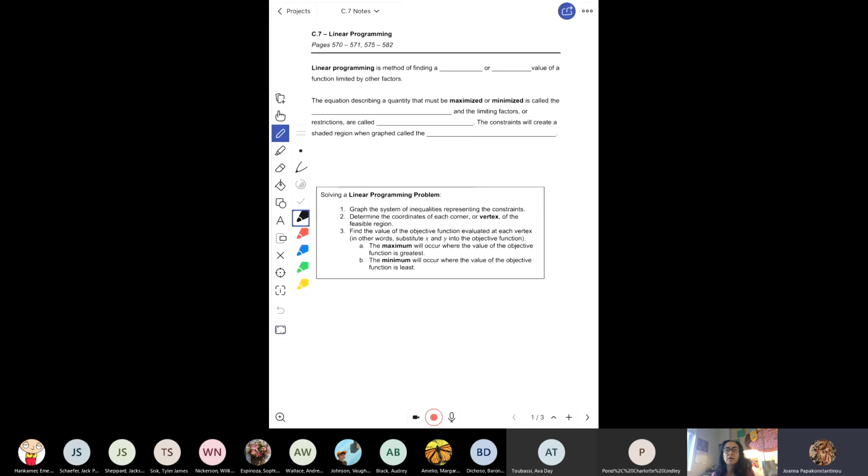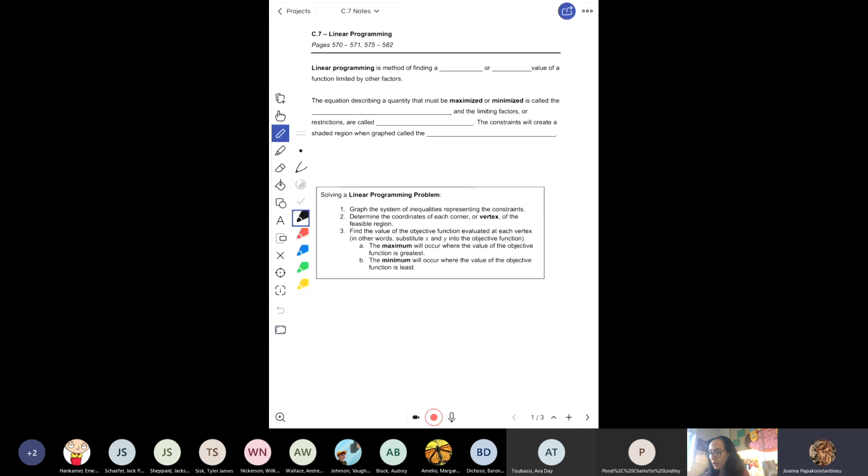Linear programming. All right, linear programming is very popular when you're working in industry. All industries collect some sort of data, and they have a pain point where they're trying to maximize profit or minimize costs or do some type of optimization problem.